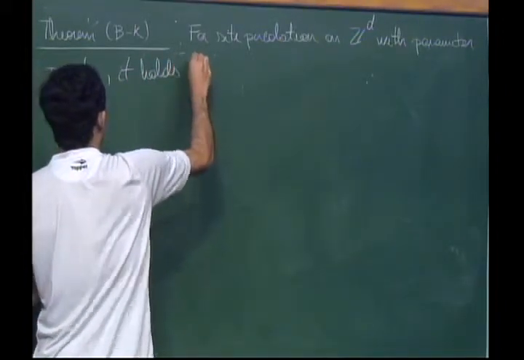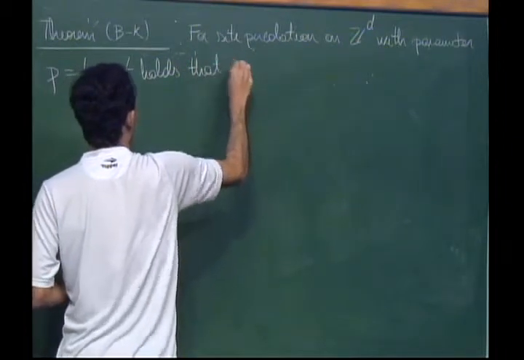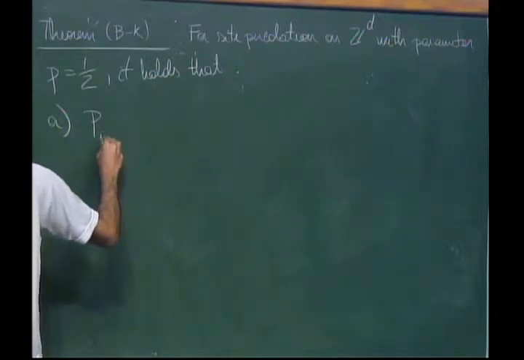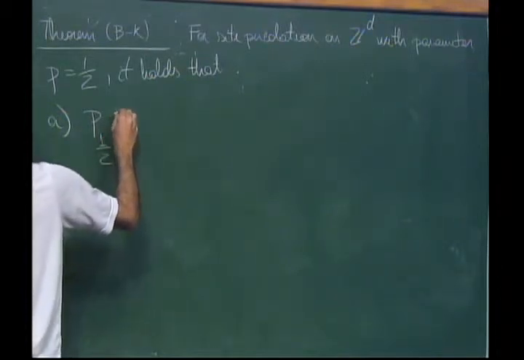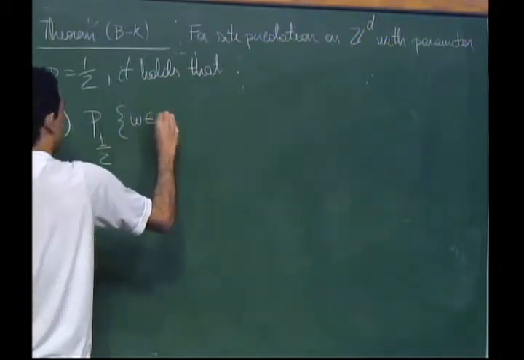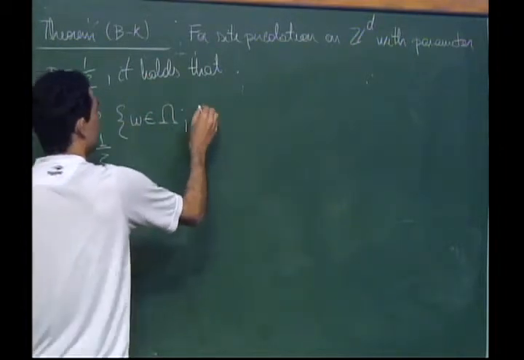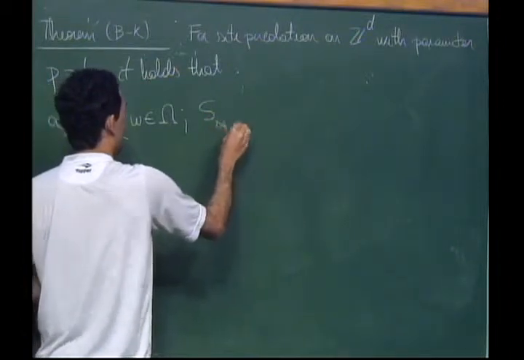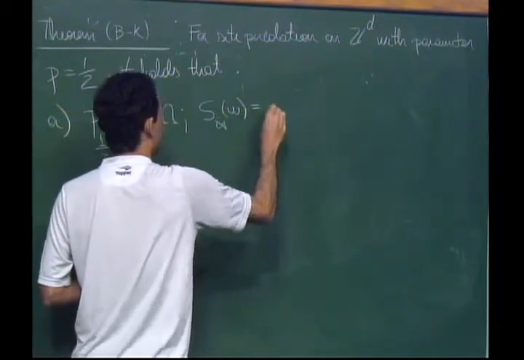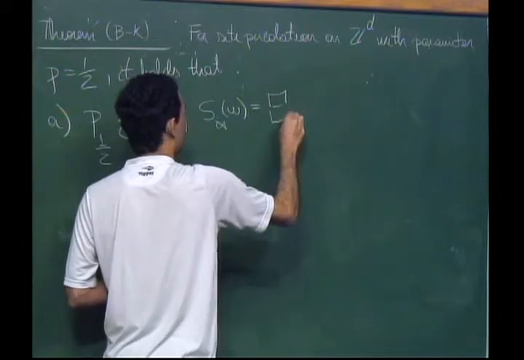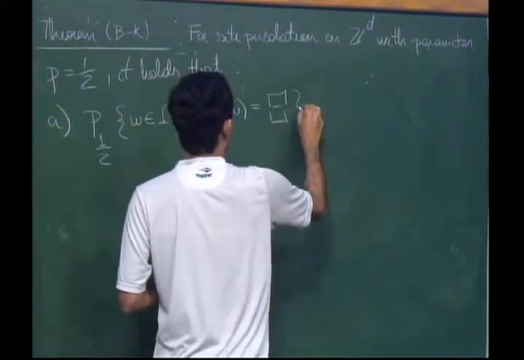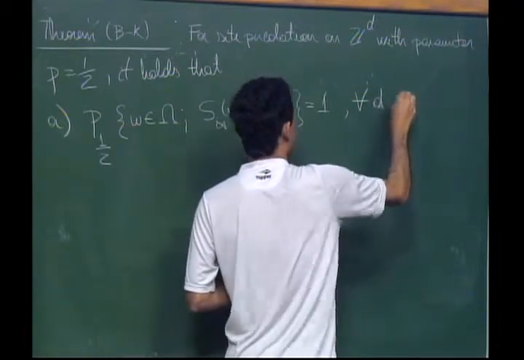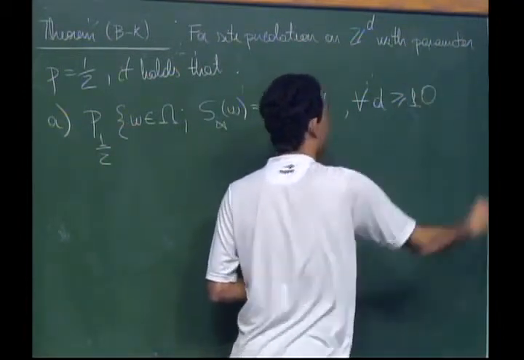It holds that (A) the probability of the set of configurations such that S infinite is equal to the set of all words. This probability is 1 for any d at least 10.